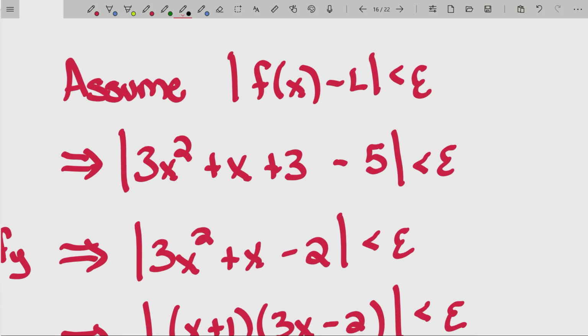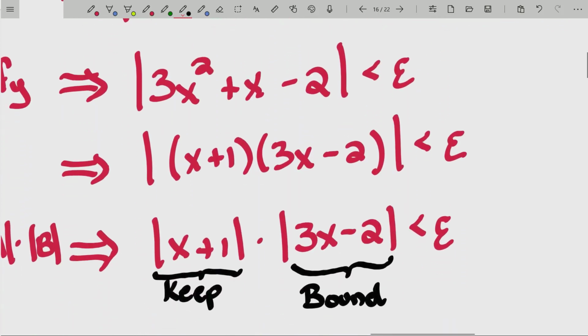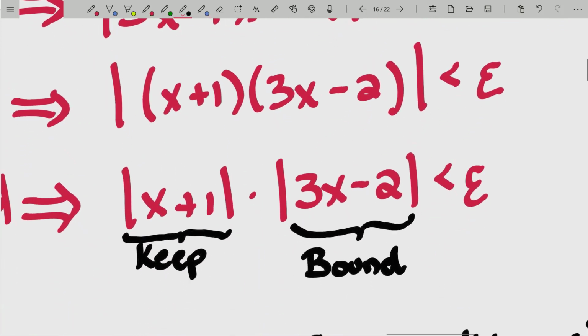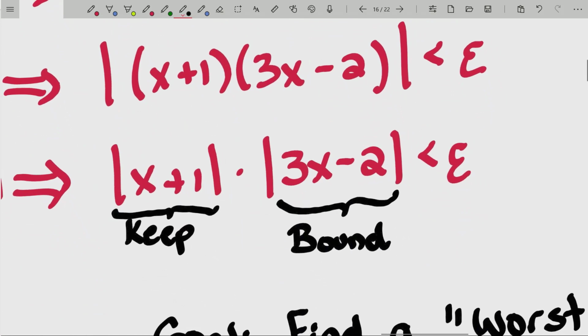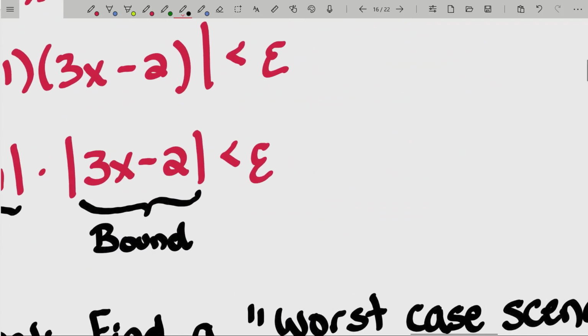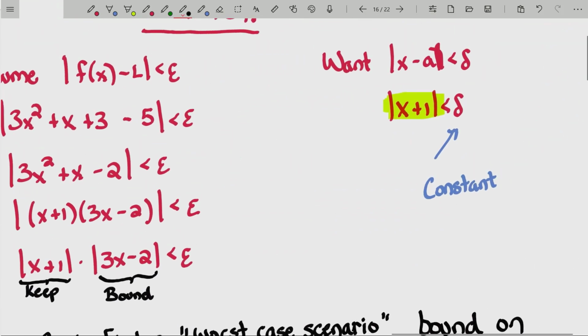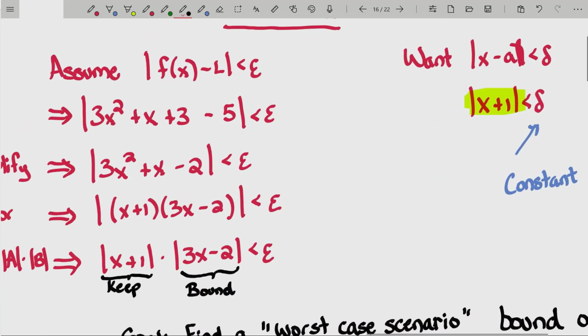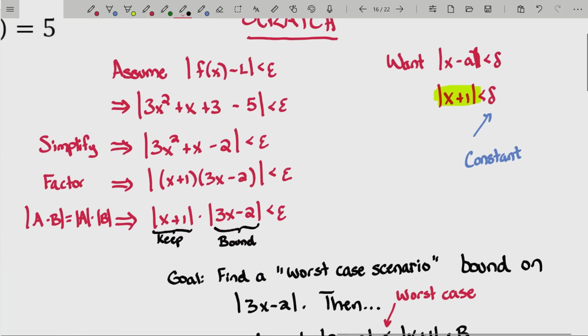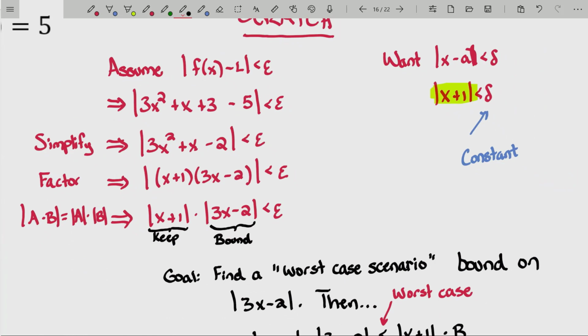Then we started plugging things in. We did some factoring. And we noticed that when we did some factoring, we arrived at the absolute value of x plus 1. I'm just reiterating things, folks. And we needed that. We totally wanted that. But we needed that to be less than a constant. So dividing by the absolute value of 3x plus 2 is a no-no. Don't do that. And so here comes this kind of goal with anything nonlinear.